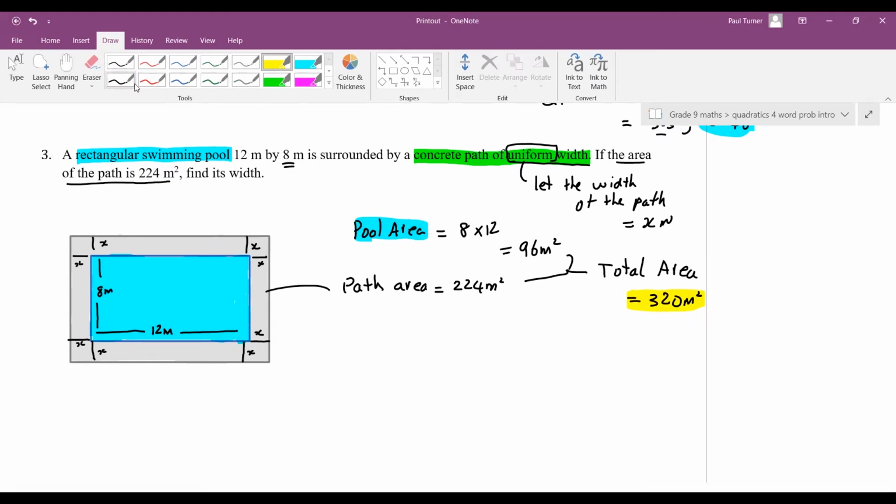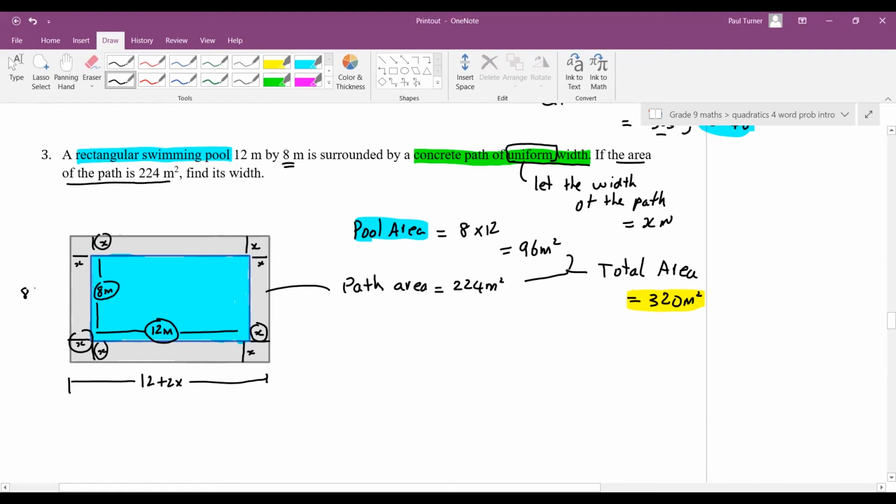Okay, but now we need to look at our lengths of the total pool, including the path. So if this is 12, and this is x, and this is x, that means this total length must be 12 plus 2x, isn't it, from here to here? So that's 12 plus 2x, and this is going to be 8 plus 2x here.